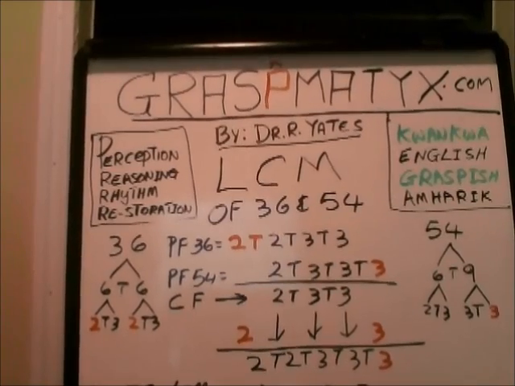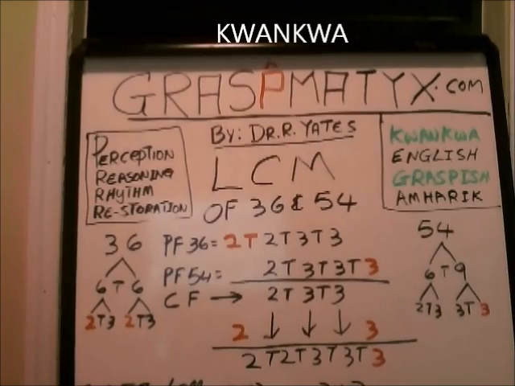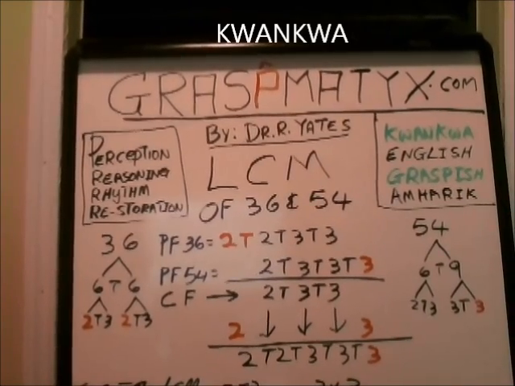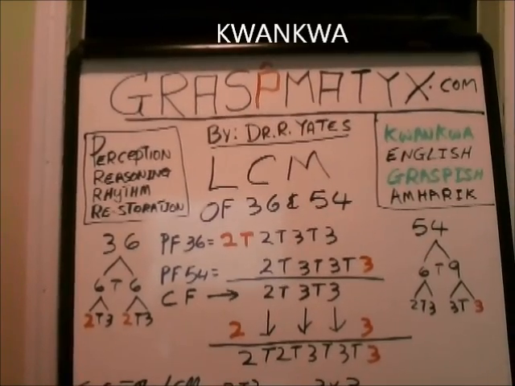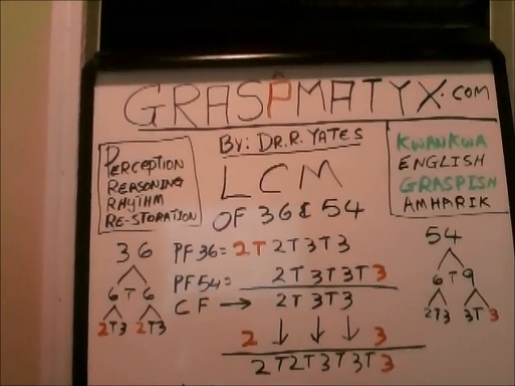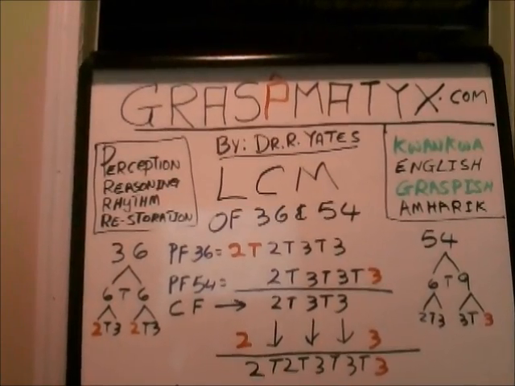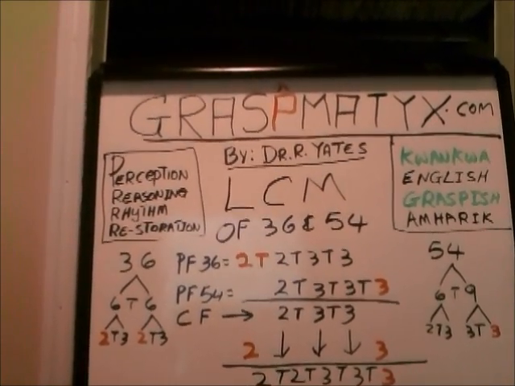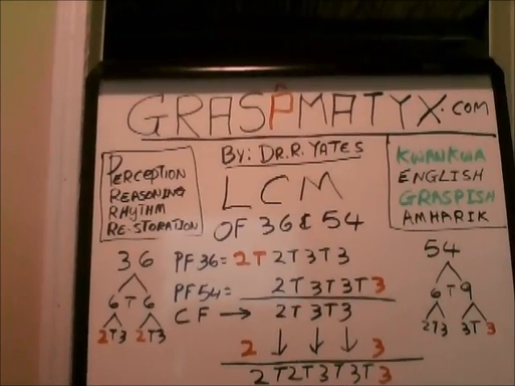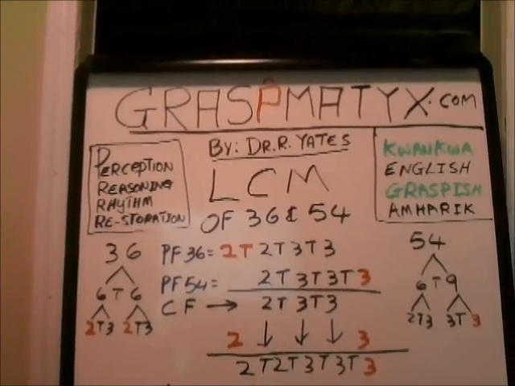On the right side of the screen, you notice it says in the box the word Kwankwa. Kwankwa is the Amharic or Amarinya word for language. Now, this math, Graspmatyx, is taught in 3 major Kwankwa Och, meaning languages.